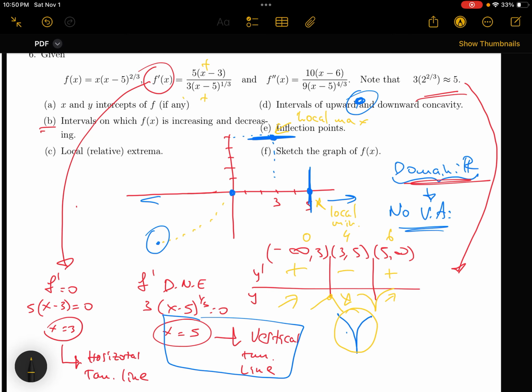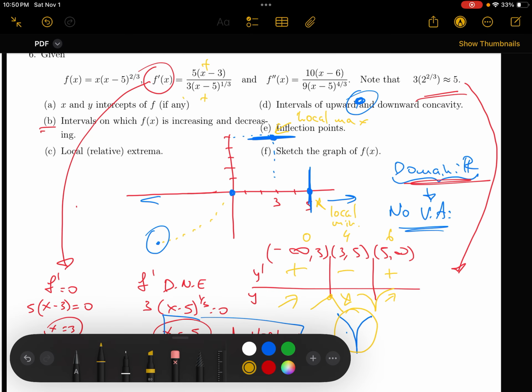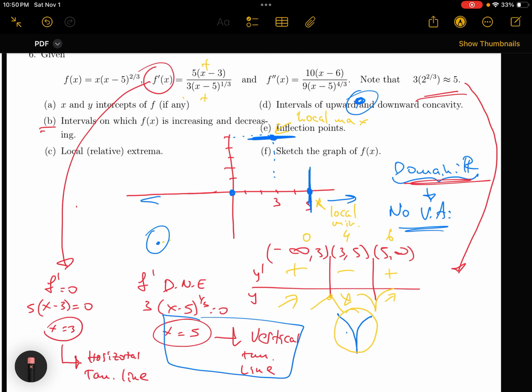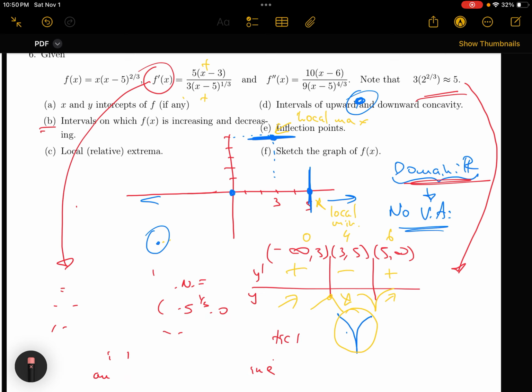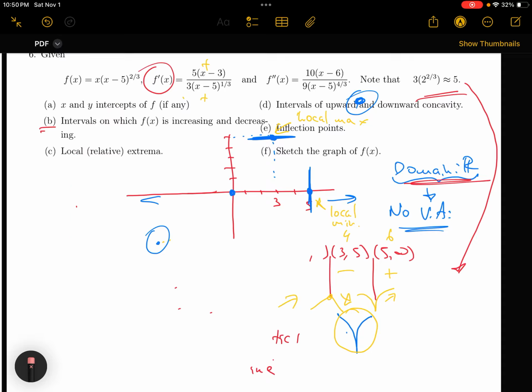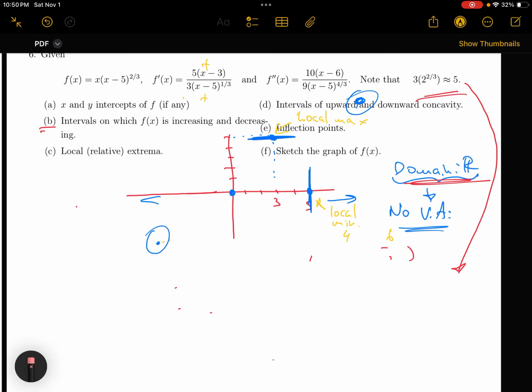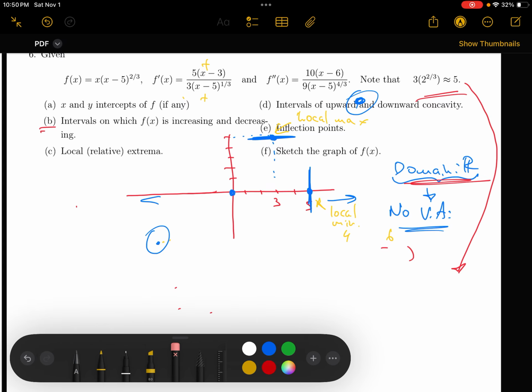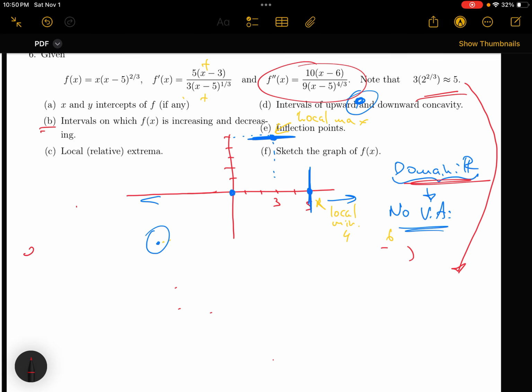Okay, and finally we have to talk about concavity. In order to do so, let's look at the second derivative. Let's get rid of all of this calculation here. Okay, bring in the second derivative.